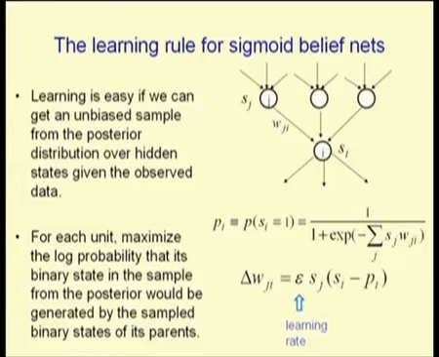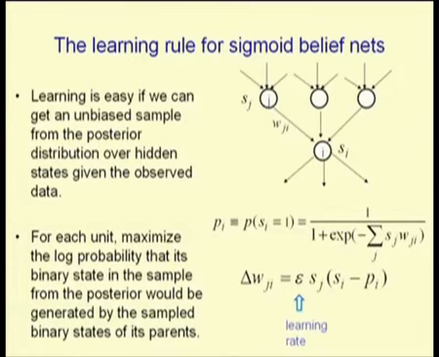And so the maximum likelihood learning rule turns out to be: change the weight in proportion to the learning rate, times the difference between its state and its probability of turning on, multiplied by what I call the presynaptic state, the state of the unit that's driving it here. The reason learning is going to happen is because the state of this unit when you did inference doesn't just depend on what these are up to, it depends on what's going on down here.